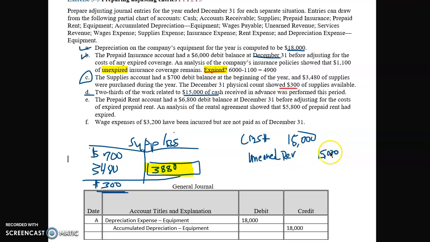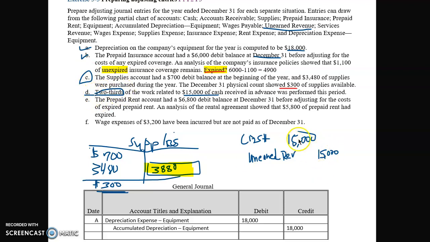We talked about that in a prior video. So unearned revenue is in this account list right here in the problem. So this is what happened before we did the adjusting entry. And they're looking through the accounts and they're like, wow, we got paid on this. Why is it still showing $15,000 in unearned revenue? We need to fix that, because we did a good chunk of the work. What did it say they did?